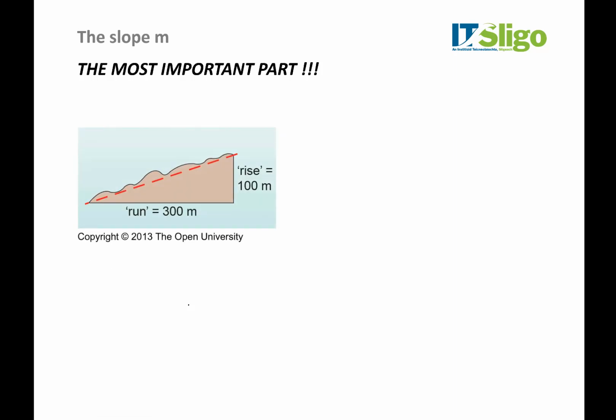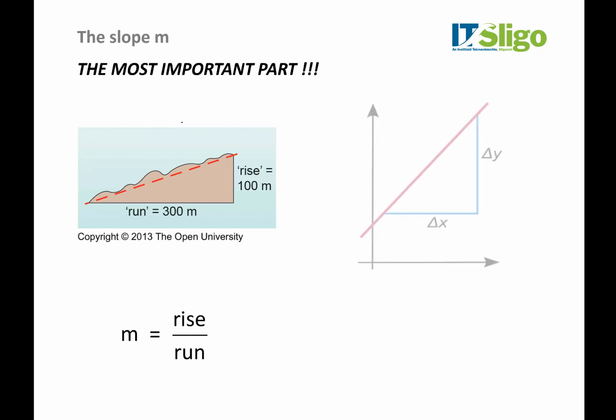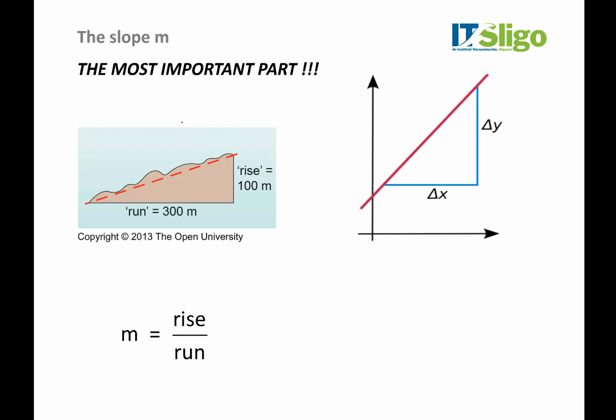Just in general terms, the slope is the rise over the run. So in this example here, it'll be 100 meters over 300 meters, so the slope is 1/3. It rises 1 step or 1 mile for every 3 miles we drive. Usually on a graph, it's often called delta y.